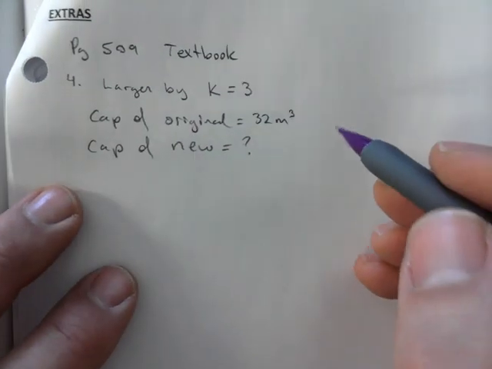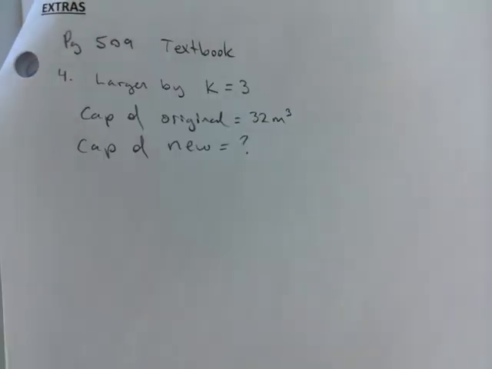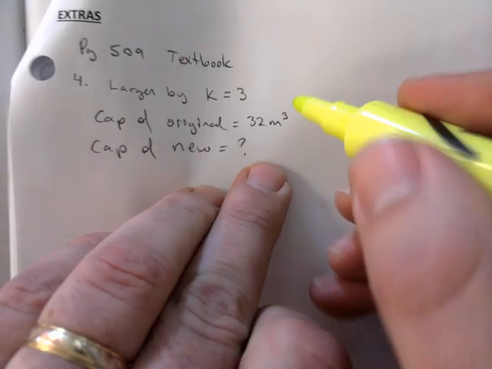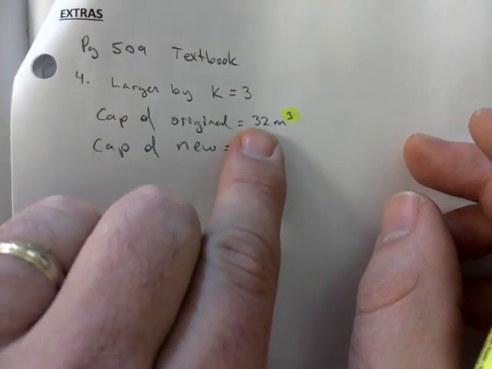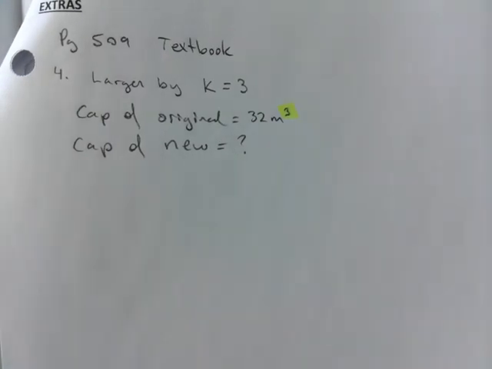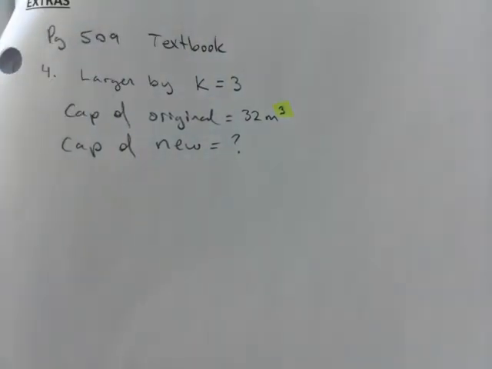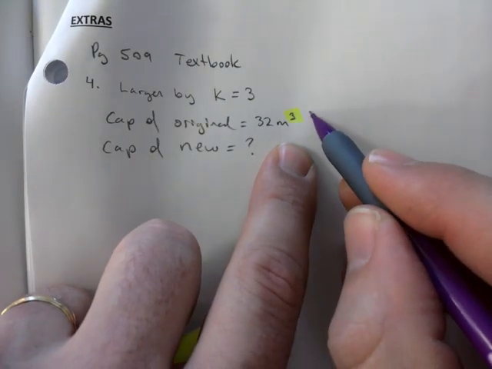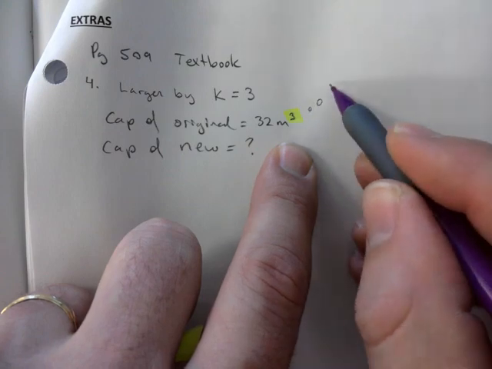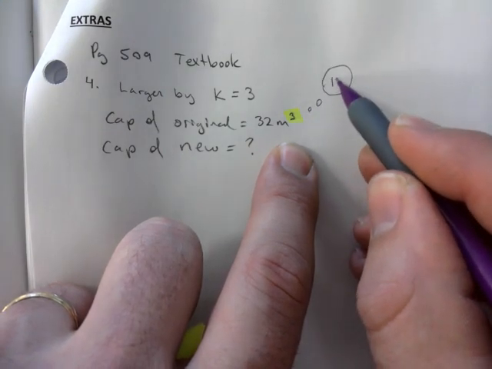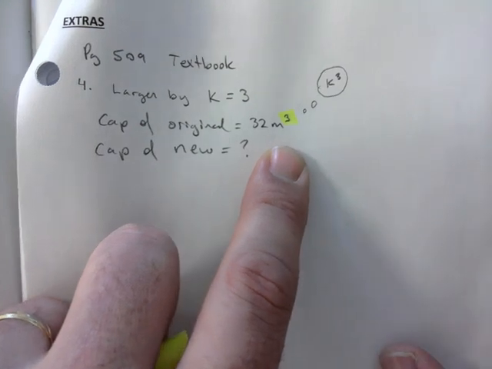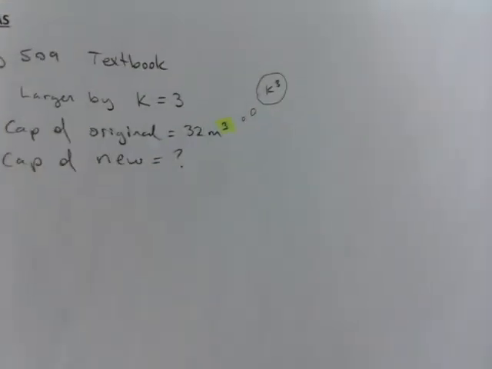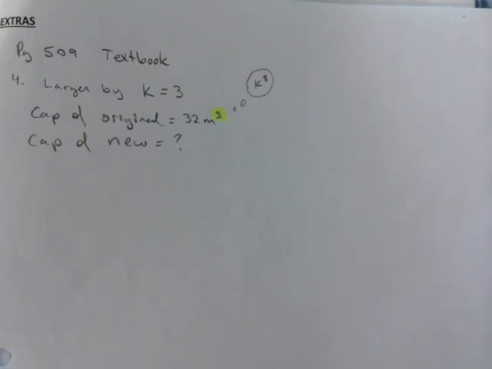All right, so given that, this is critical right here. Even if you didn't understand the word capacity, as soon as you saw the unit cubed, you knew it's volume, it's 3D, right? So you need to think k cubed. So I'm going to do that right next to it on page 25.